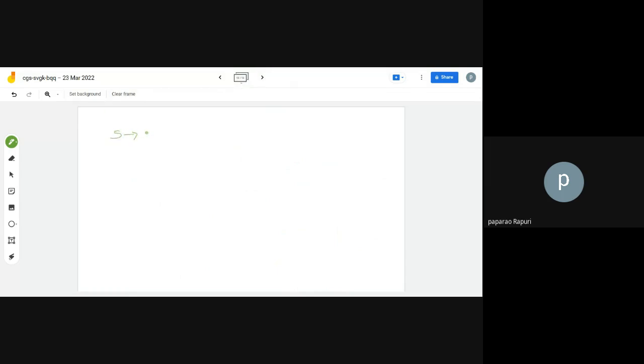S is deriving small a, capital S, capital A slash epsilon, and A is deriving small c slash epsilon. Right. So these are the things.